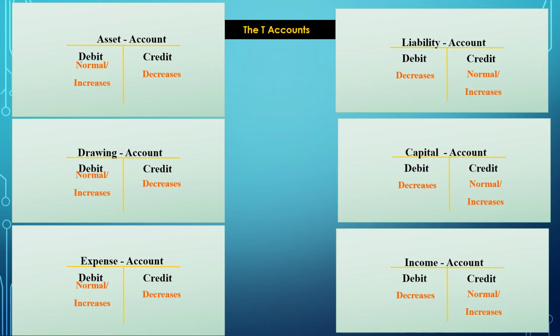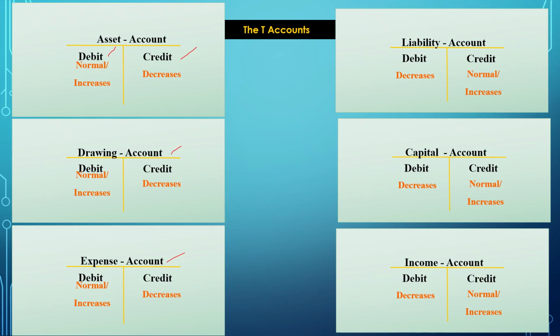Now, to summarize our T accounts, all asset accounts are normally on the debit side. Therefore, all increases in asset accounts will be placed on the debit side of the T account, while all decreases in the asset accounts will be placed on the credit side. The same is true with drawing and expense accounts.